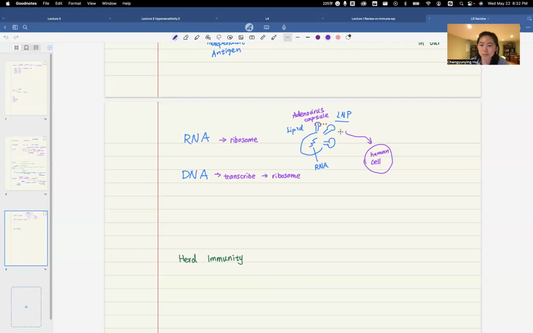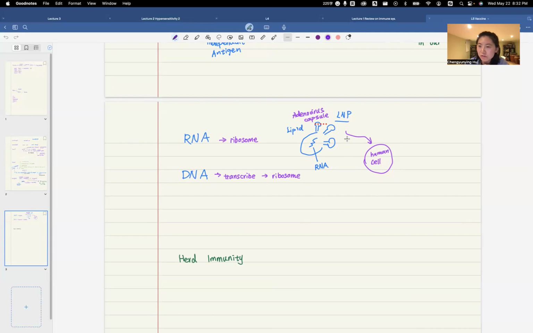What makes it brilliant is that now we are able to use our own immune system against this virus. You may ask, okay, then isn't our human cell going to make a live virus that's going to attack us?